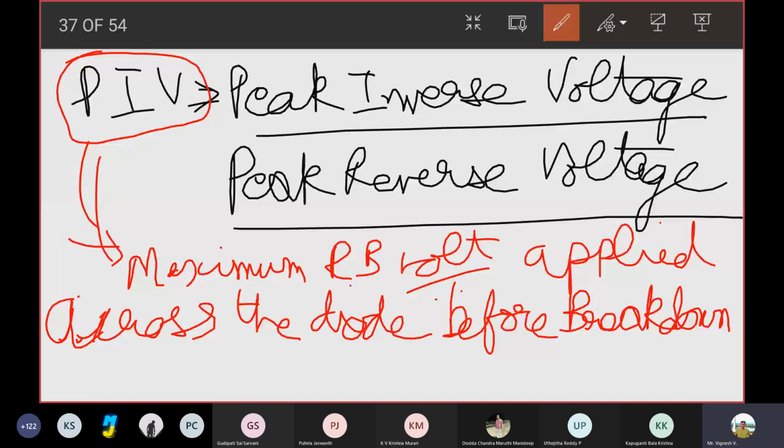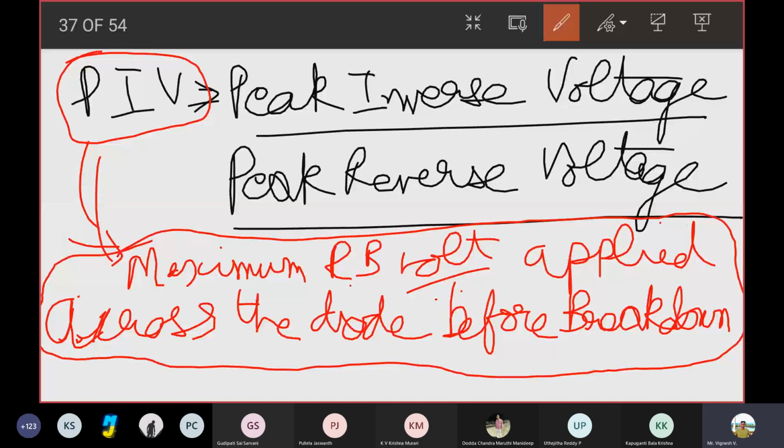I'm just defining peak inverse voltage as the maximum reverse bias voltage that you can apply across the diode. It only has to do with the diode, before the diode enters the breakdown region. That's how you define peak inverse voltage.